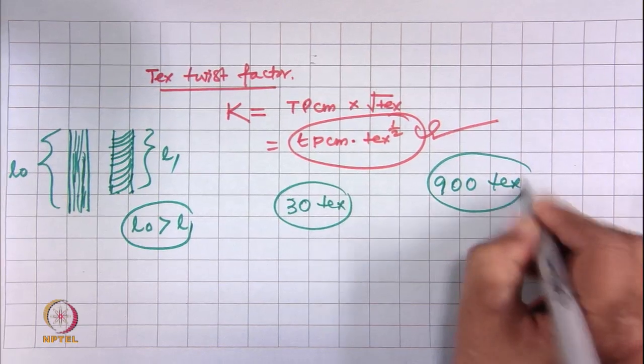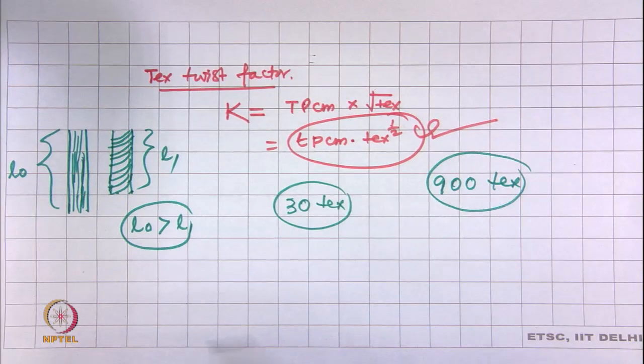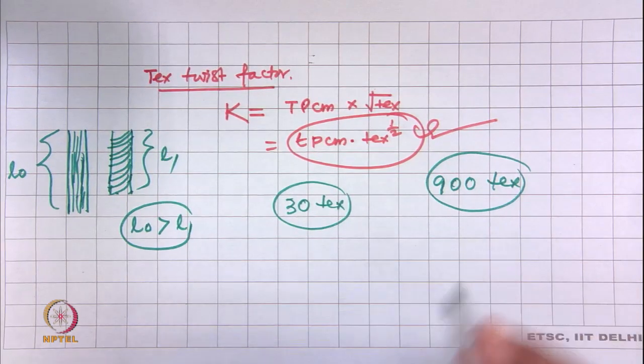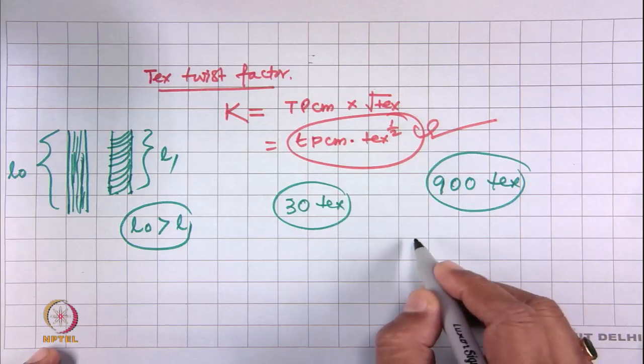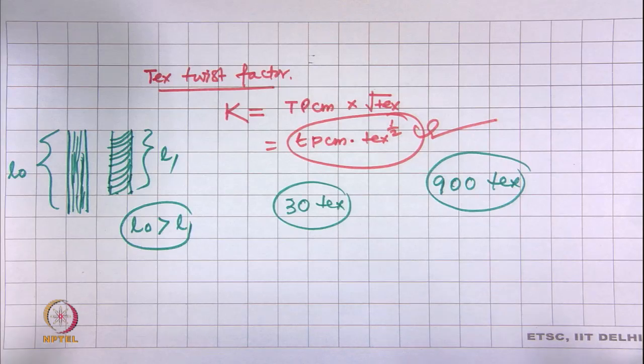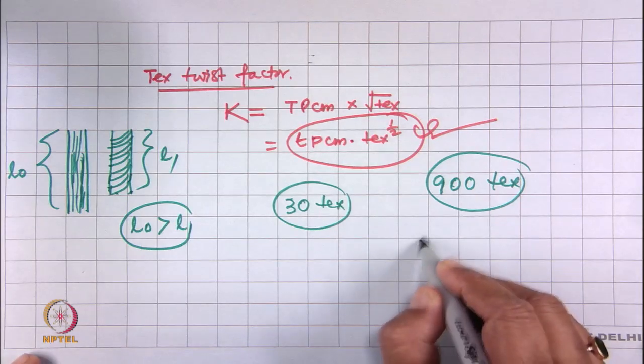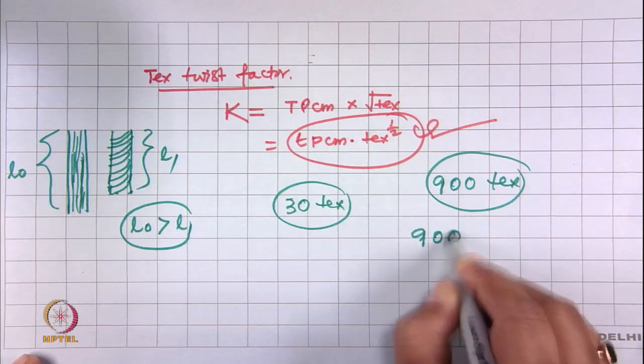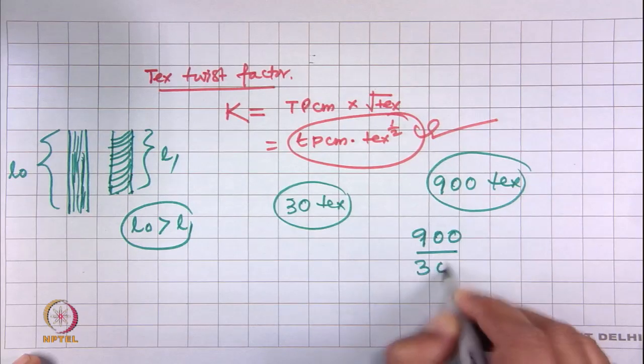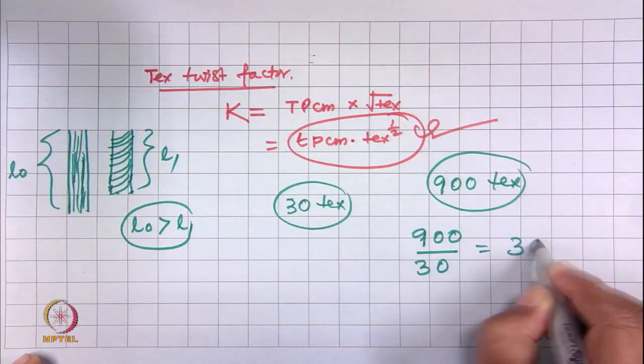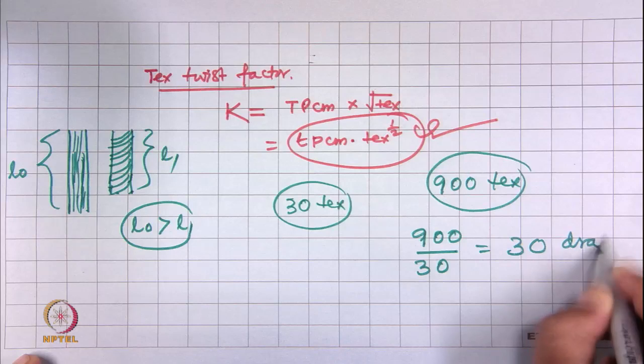We have a roving of 900 tex and we want to get 30 tex yarn. Now, in the ring frame drafting system we have to set the draft 900 by 30. So, 30 draft we have set.